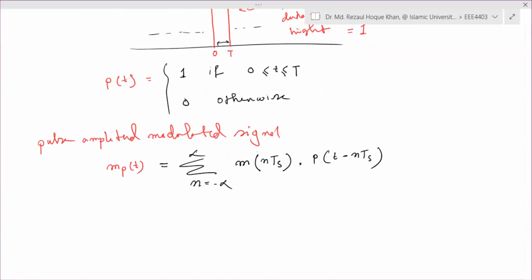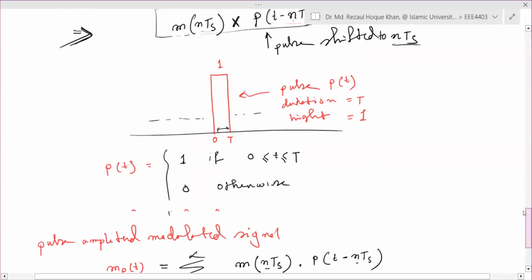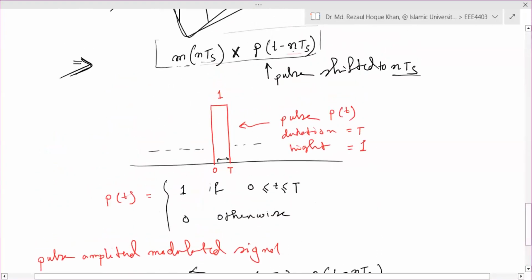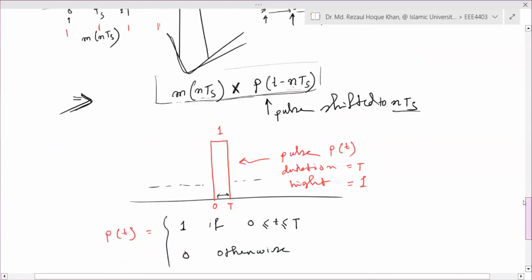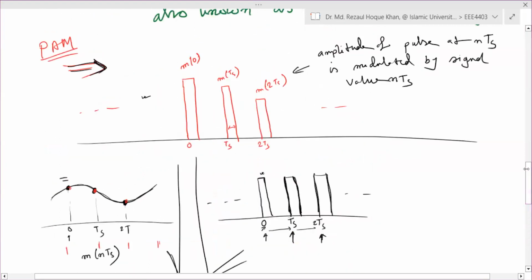This is the modulated signal, and depending on the value of n, this value changes. So this is the complete series of the pulse modulated signal. If you add the summation from minus infinity to plus infinity, you are creating this whole signal, for n equal to 0, 1, 2, and so on.